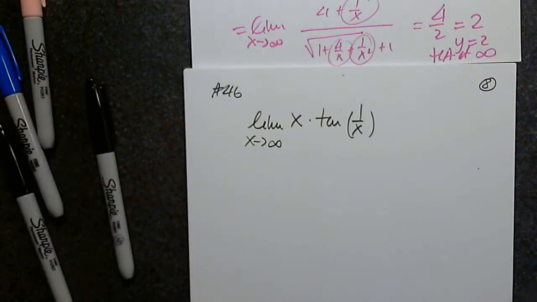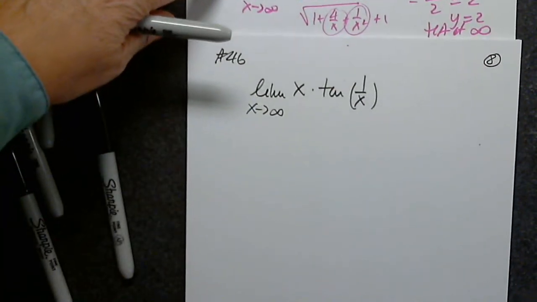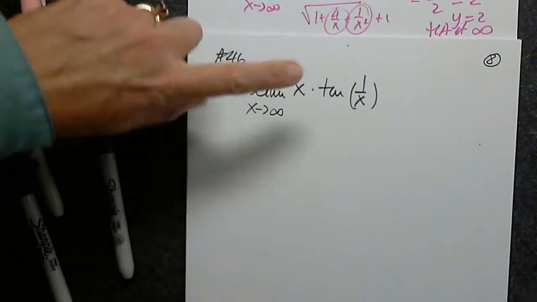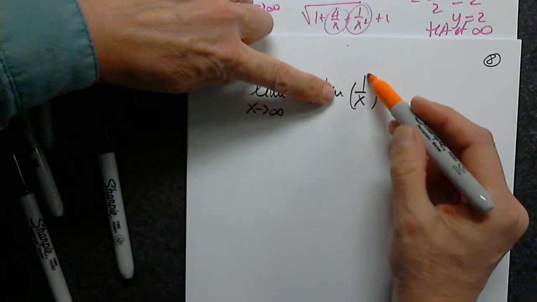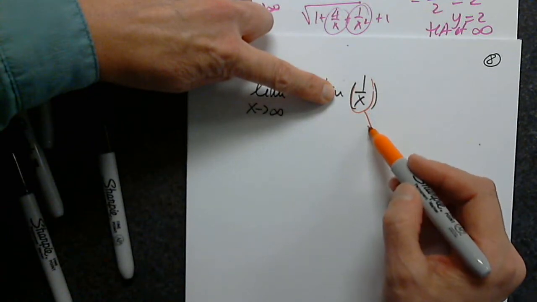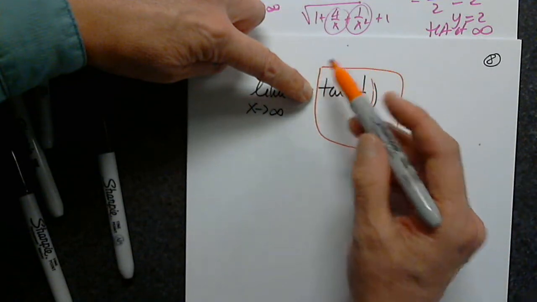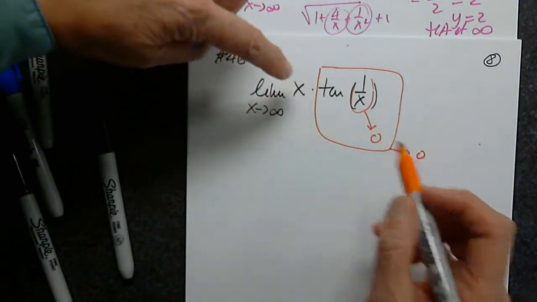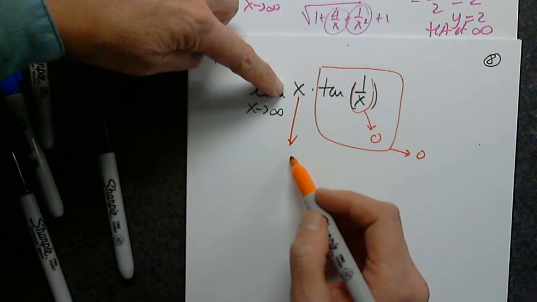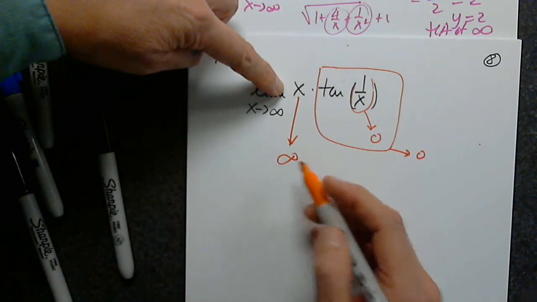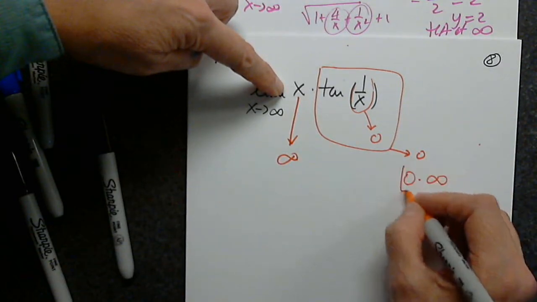Okay. When x approaches infinity, where does this go? 0, very good. Where does this go? Very good. Where does this go when x approaches infinity? Very good. 0 times infinity.